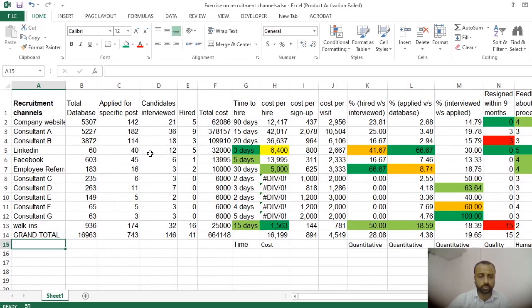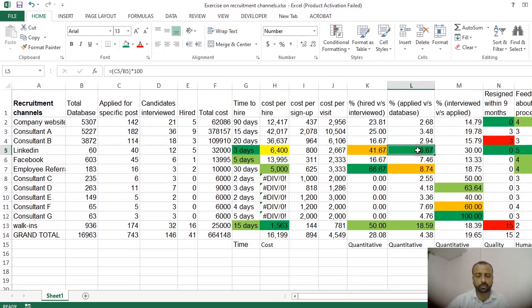Now, if I have to consolidate and make a final decision, I will personally go for LinkedIn because it is green in 1, 2, 3, and 4. So out of 6 or 7 indicators, it is giving me 4 greens and 2 greens in qualitative. So in both the things, 5 people hired, nobody resigned, and the rating on the entire process was excellent.